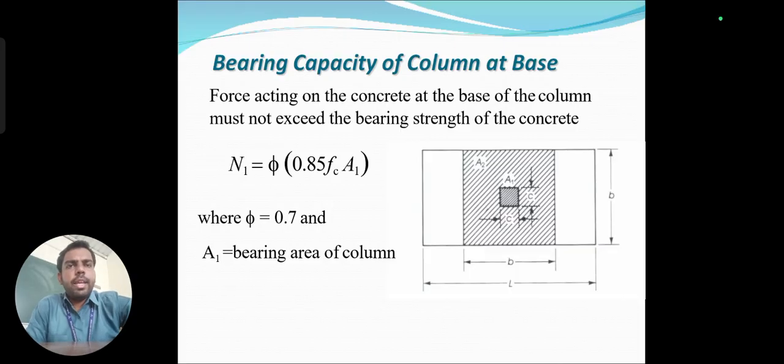This is the bearing capacity of the base you have to consider here: the force acting on the concrete at the base of the column must not exceed the bearing strength of the concrete. What is the formula for the bearing capacity of the column? Phi into 0.85 fc' A1, where phi is generally considered as 0.7.